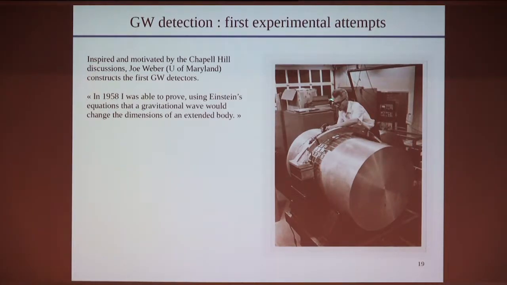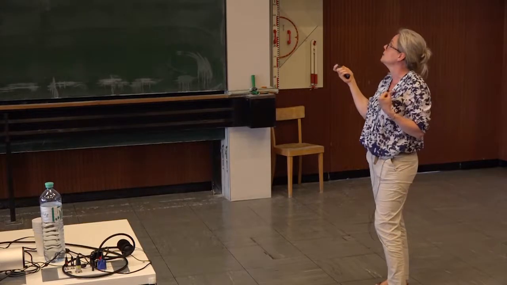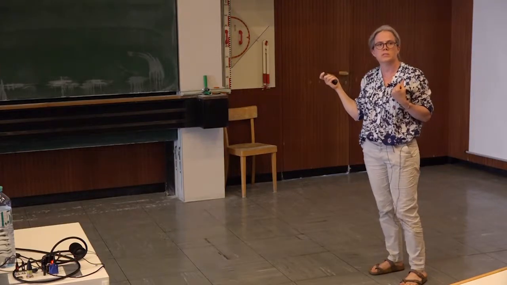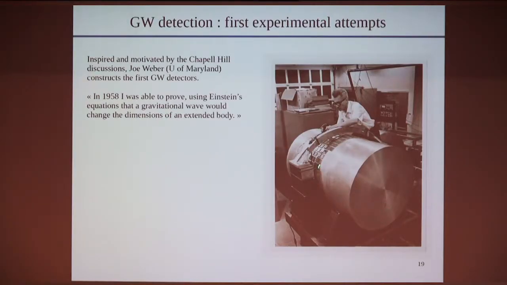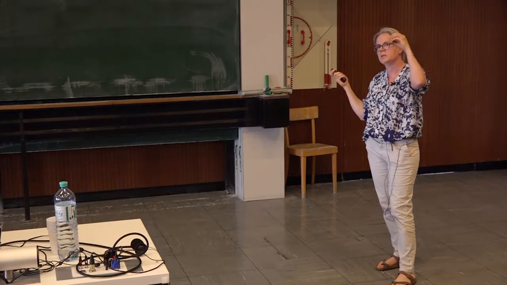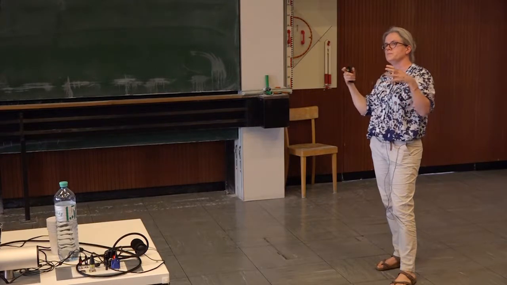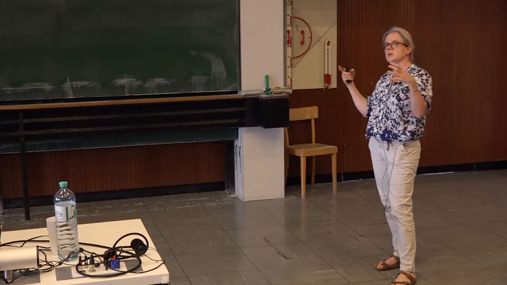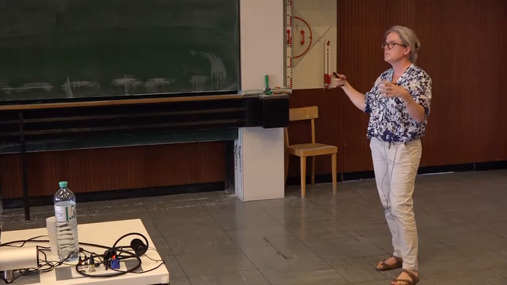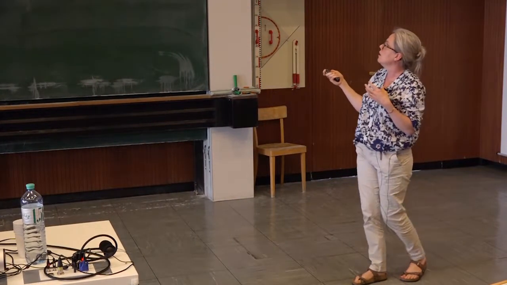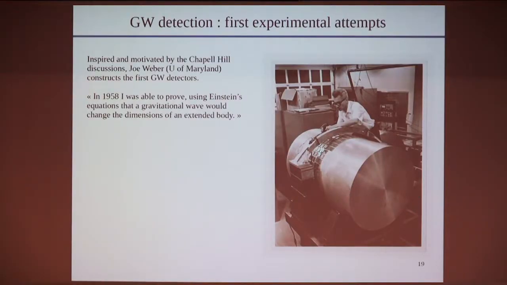So I was telling you at the Chapel Hill conference, there was Joe Weber, seen here with his first detector. And he was really excited by trying to detect those gravitational waves. His idea was that a gravitational wave arriving on Earth should excite the mechanical resonance of a big bar of metal.